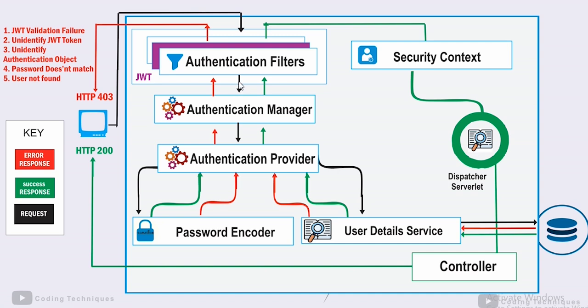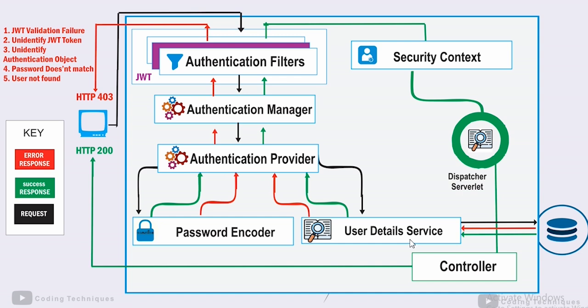The Authentication Manager delegates the authentication responsibility to the authentication provider. As you see from the lines here, one goes to the UserDetailsService, and here we have the password encoder. So this authentication provider will use the password encoder and UserDetailsService to validate the request.